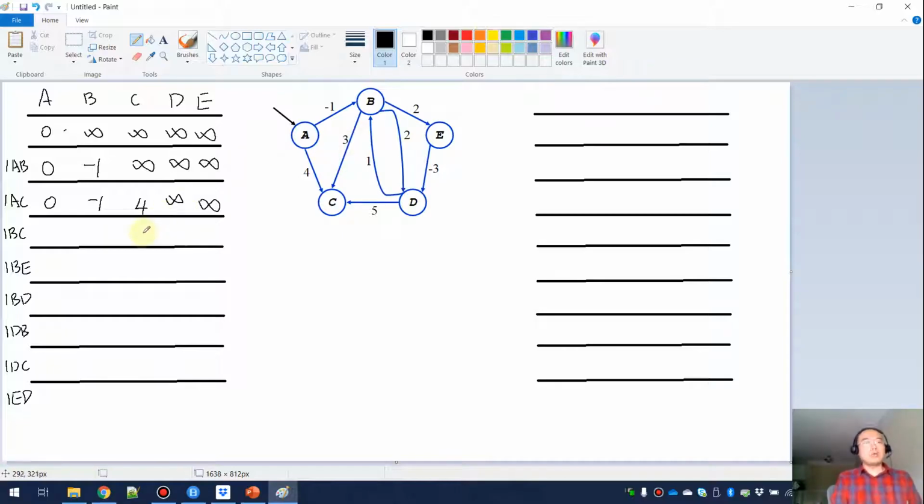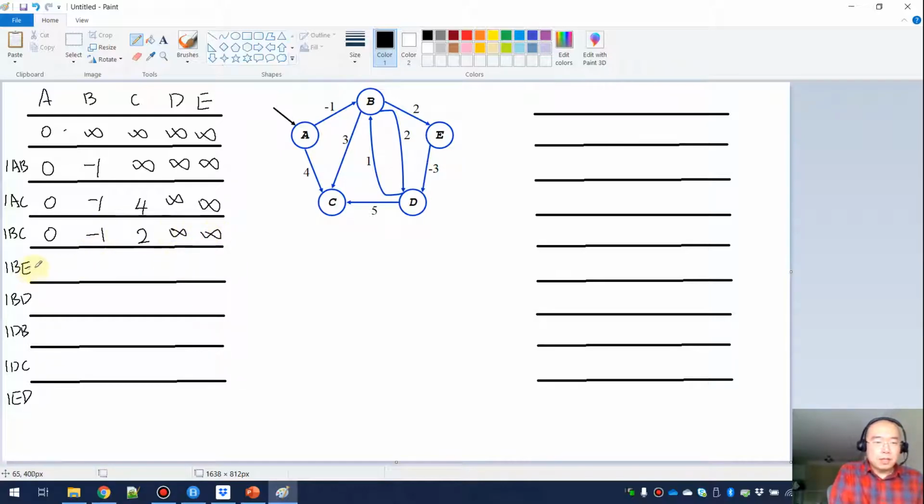So do we want to relax it? Do we want to apply the relaxation? The answer is yes, because now we have found a shorter path. That is from A to B, and then from B to C, so -1 and 3, which is 2. That is a shorter path, so we have to update that.